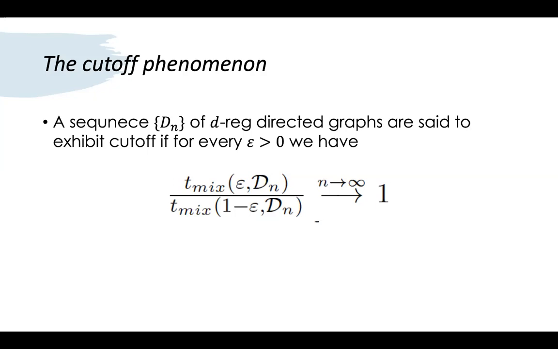It doesn't matter what your standards about the distribution of cards are, because it will take about the same time to mix it professionally as it will take if you want to mix it amateurly. So this is a way of thinking of the cutoff phenomenon.